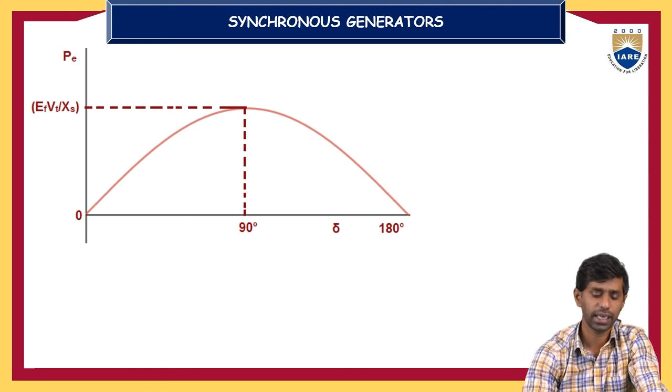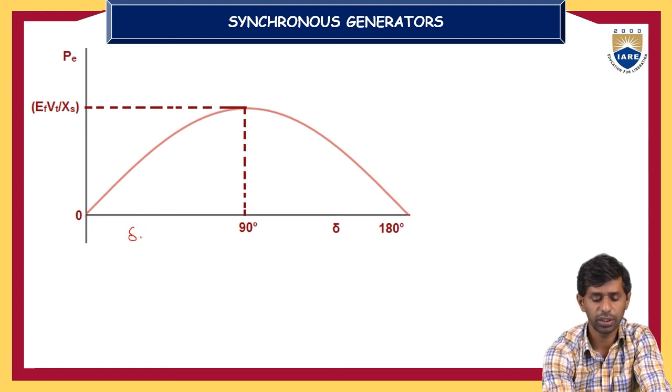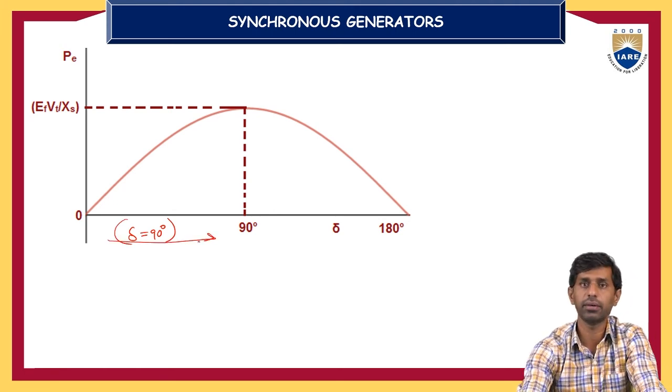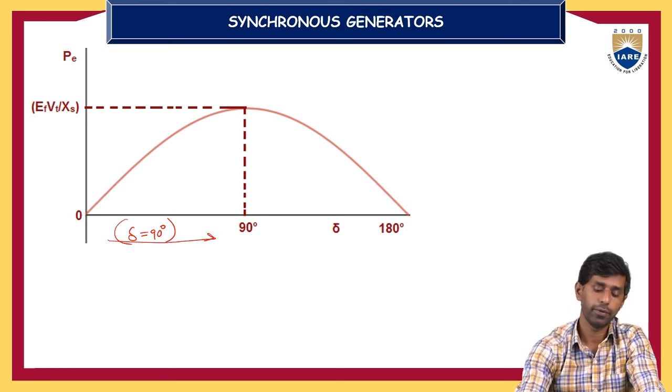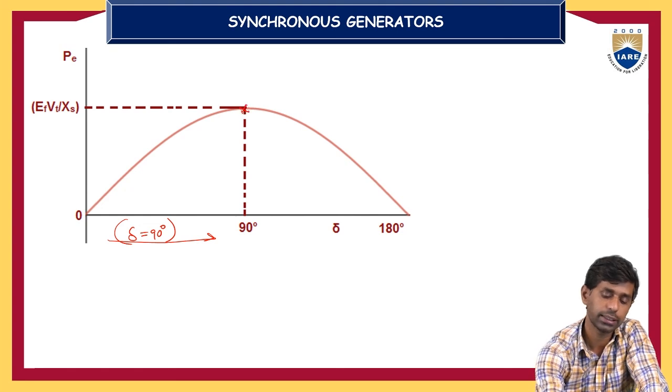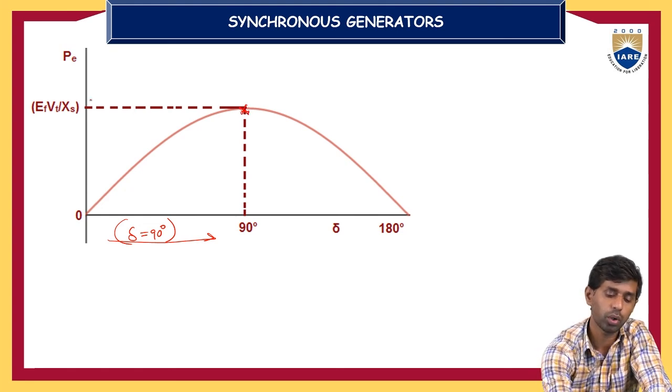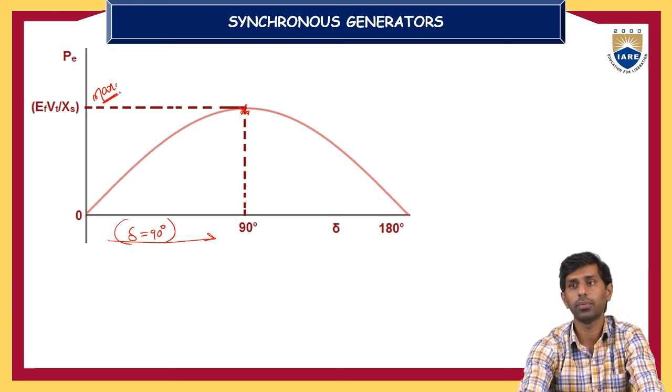If you observe the characteristic graph, between del of 0 to 90 degrees, the power output progressively increases. When del attains 90 degrees, the developed power also reaches its maximum.